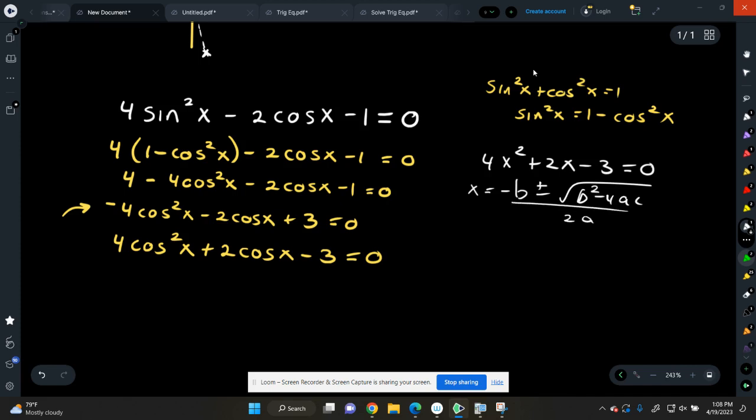So we've got x equals -2 plus or minus the square root of b squared, so that's 4 minus 4 times 4 times -3 all over 2a, so all over 8.